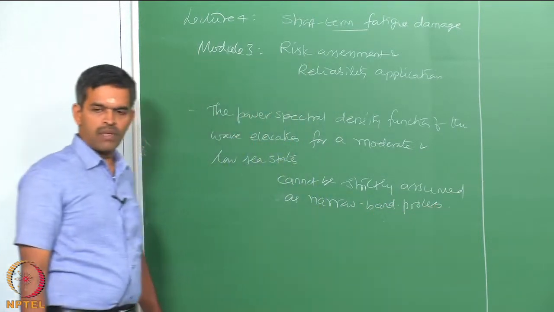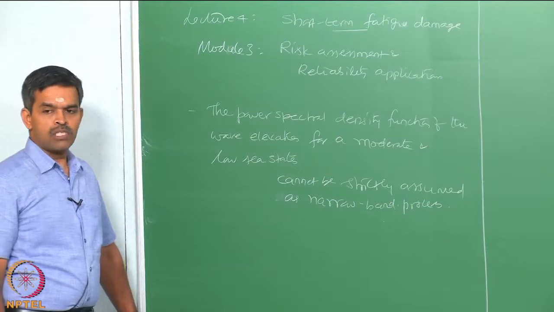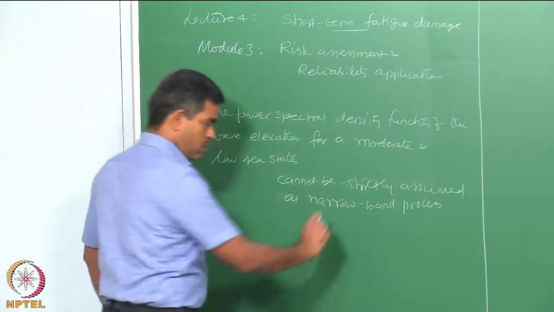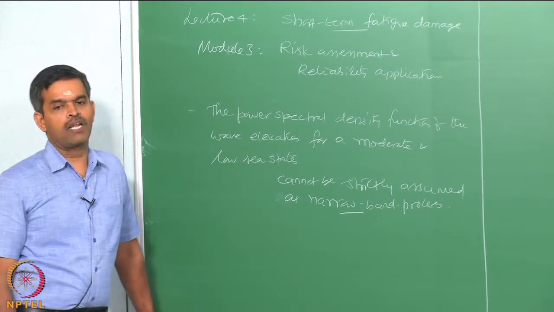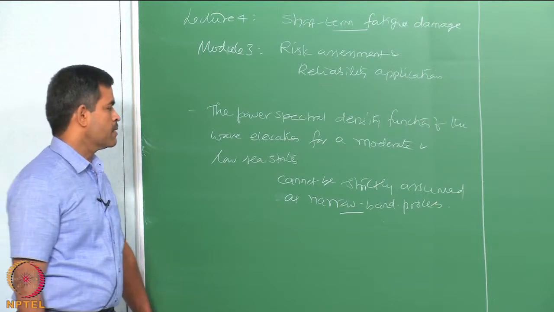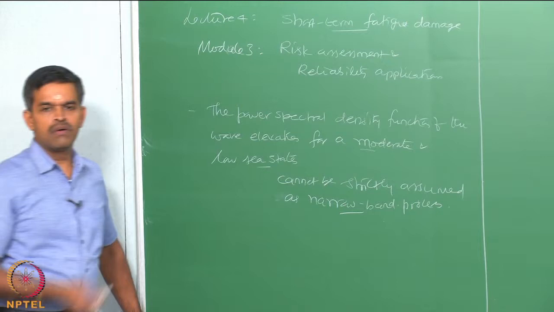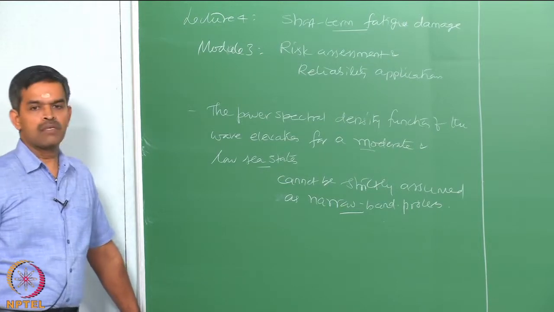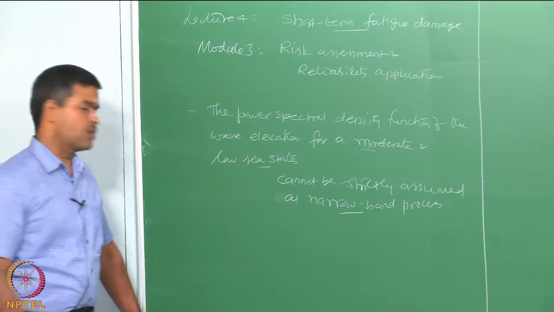You would realize from the last lecture that it is essentially important that the cyclic load effects caused by the ith spectral wave need to remain as a relevant process. That is why we model this from a Rayleigh distribution. Strictly speaking, in reality the low and moderate sea states cannot be modeled as a narrow band process, whereas for extreme sea states this can work.